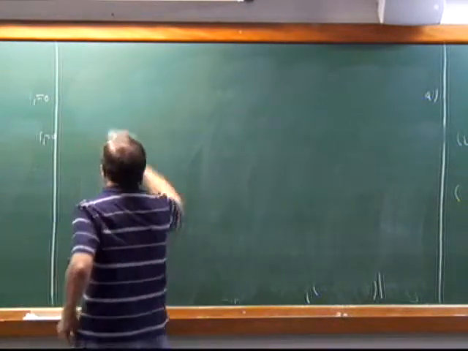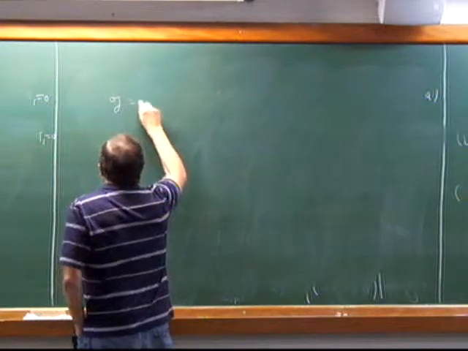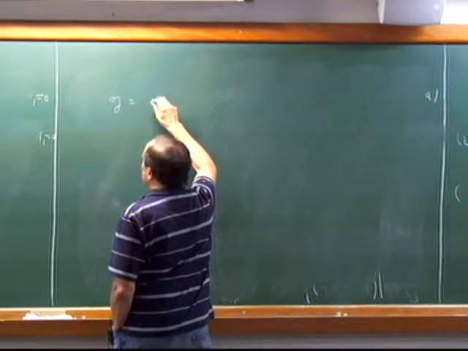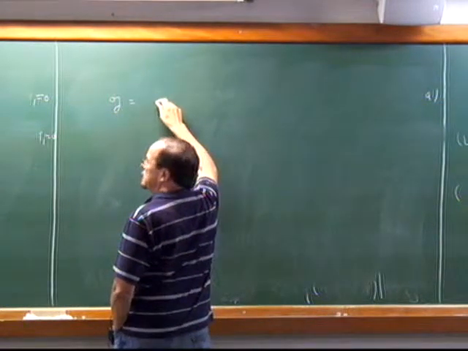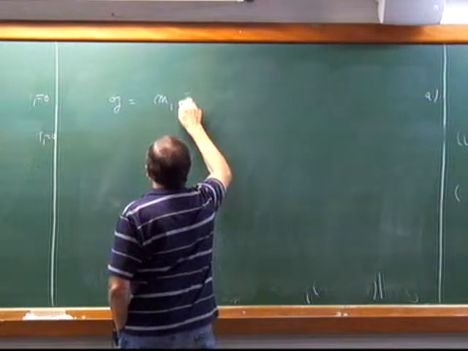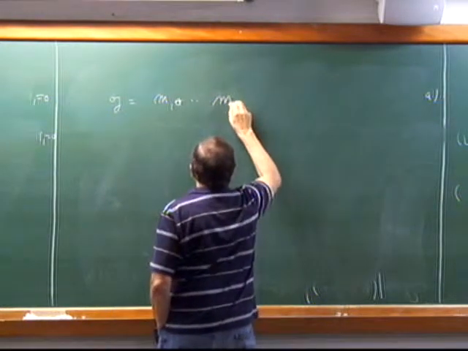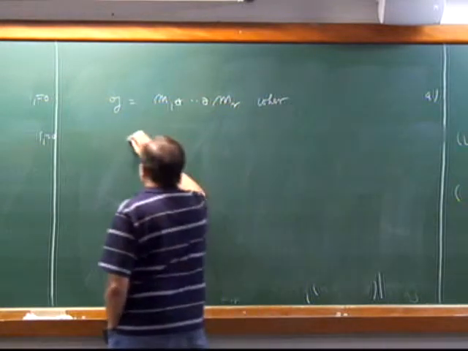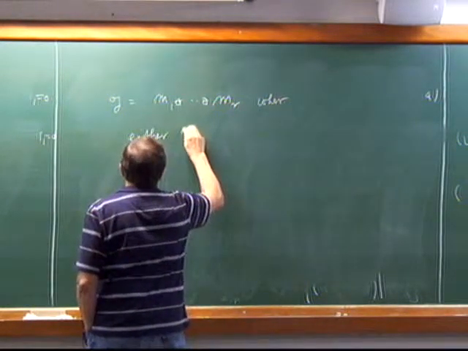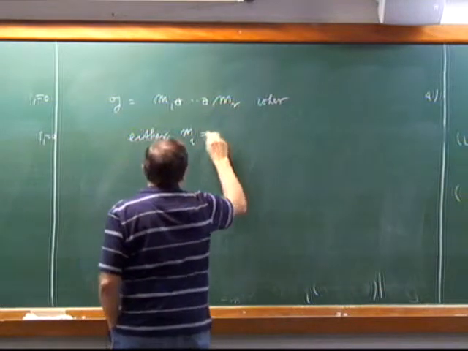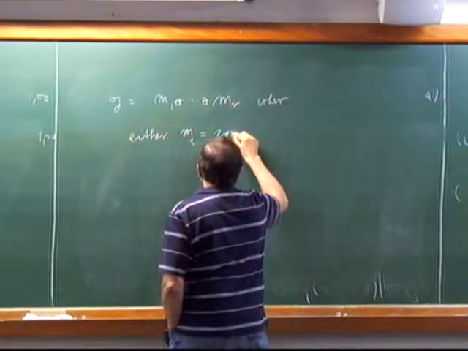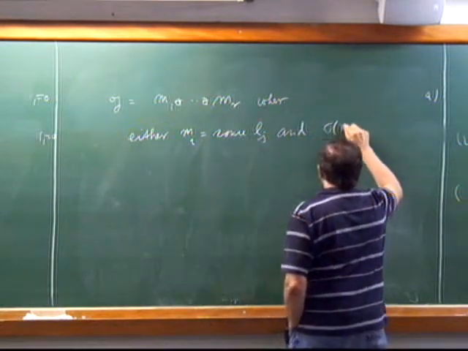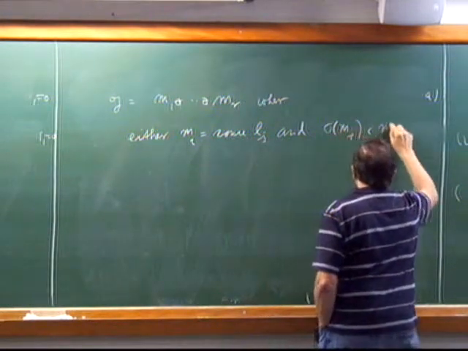So let's say you write g as, what should I call it, m1 plus through mr, where either mi is equal to a sum of Lj, and sigma of mi is contained in mi.